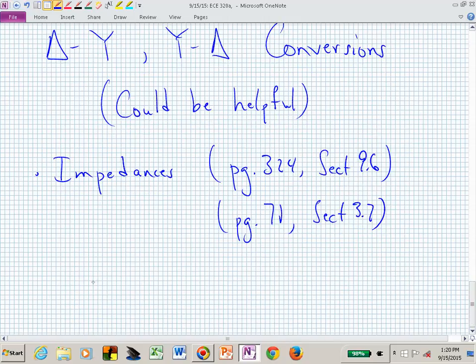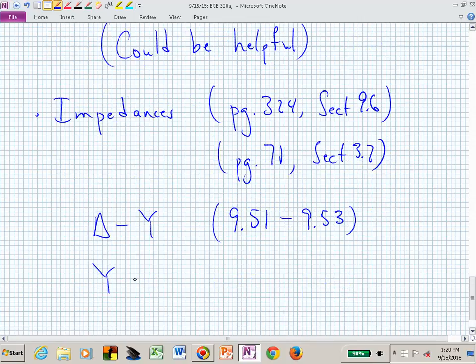And in particular, if you wanted to go delta to Y, then you are going back to equations 51 through 53 in chapter 9. If you wanted to take a Y configuration of impedances and convert those to a delta, those are the next three formulas, which are 54 to 56.